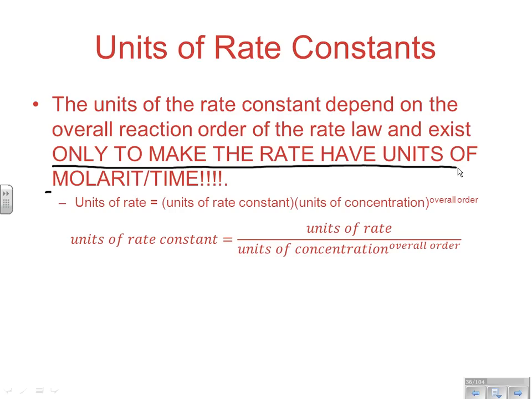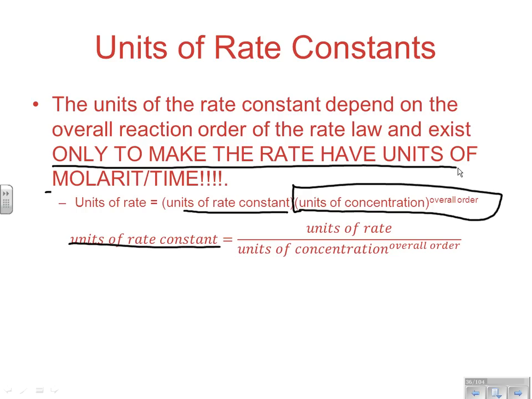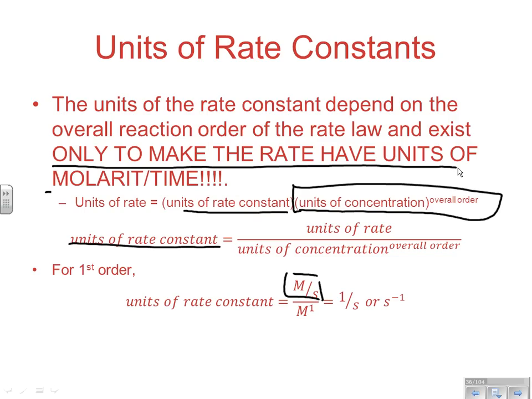So the units of our rate are going to equal the units of the rate constant times the units of the concentration raised to the overall order. So you're looking at, is it overall first order, second order, third order, whatnot. If you rearrange this to look at the units of the rate constant, you get the units of the rate, which is always molarity per second, divided by the units of the concentration raised to the overall order. So if it's first order, we would have our units of rate on top, molarity per second, or I guess it could be per minute or per hour.